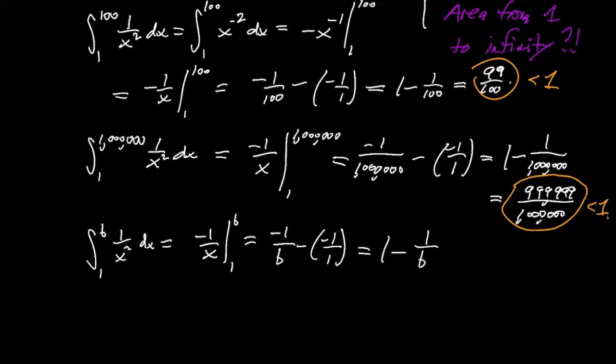Up here I was combining this into that and this into that. But really, this is probably the better form to keep it in, because you realize how close you are to 1, but you're never going to get there. That's the thing that's crazy, right? This is less than 1, no matter how big you make b.